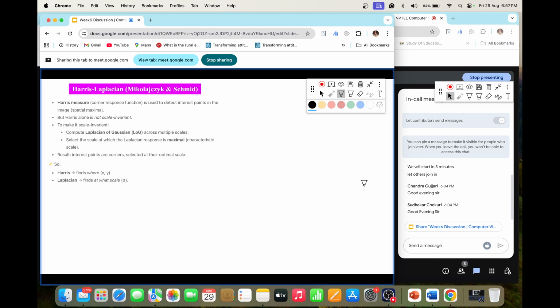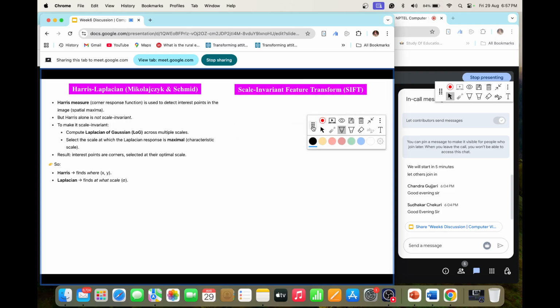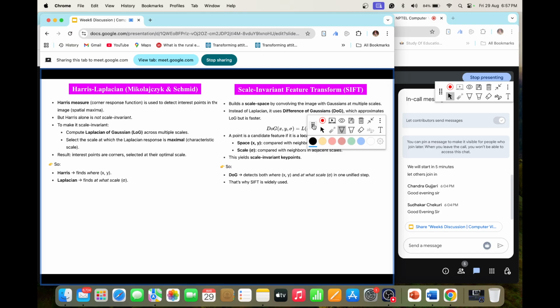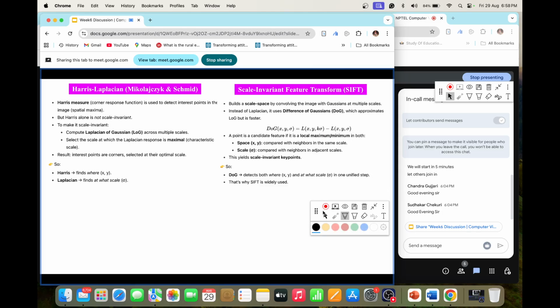We can see it through two operators. One is the Harris-Laplacian detector, and the second is the scale invariant feature transform. Two steps are there: first is to find x, y, and second is scaling.